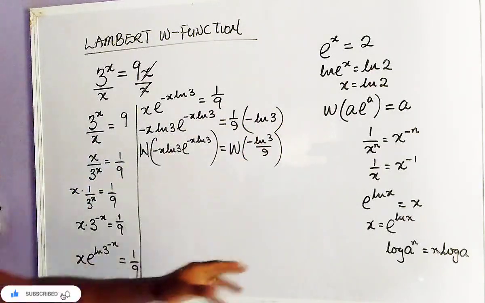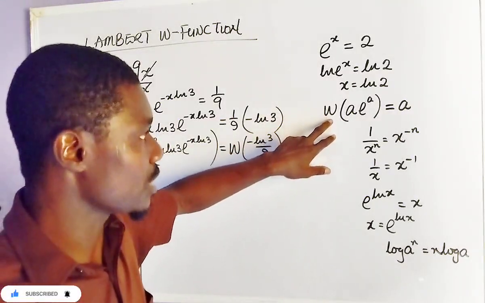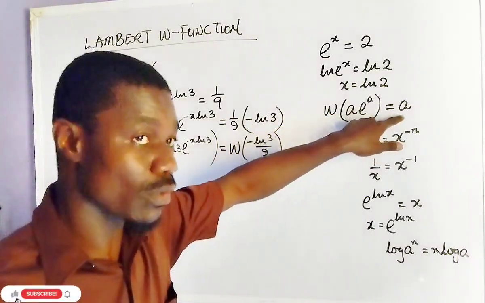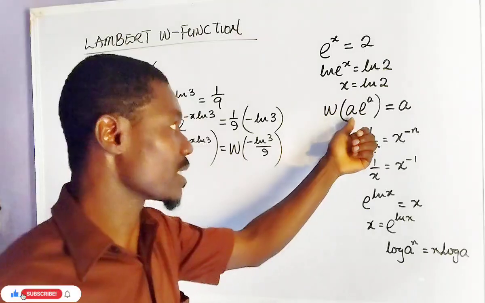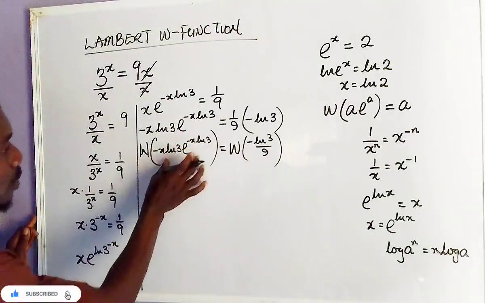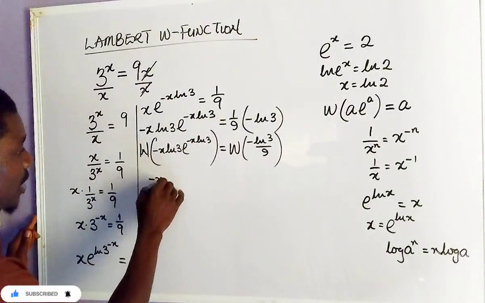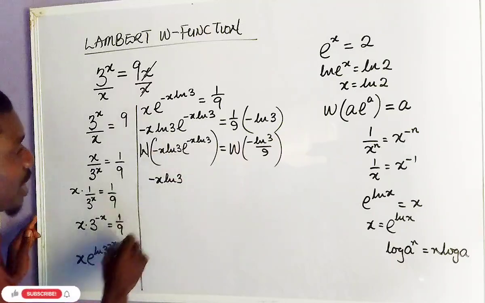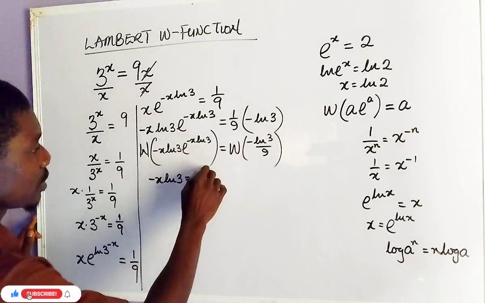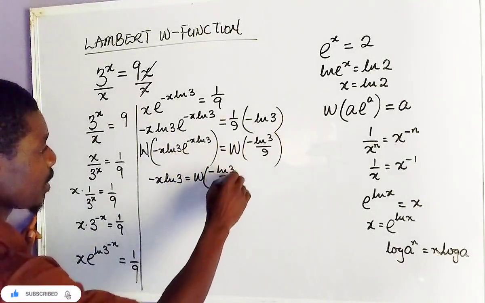Now take note, by the rule, when the Lambert W function is applied to an argument like this, it gives us the term. So here the whole of this now becomes negative x ln 3, right? Then equals W of negative ln 3 all over 9.